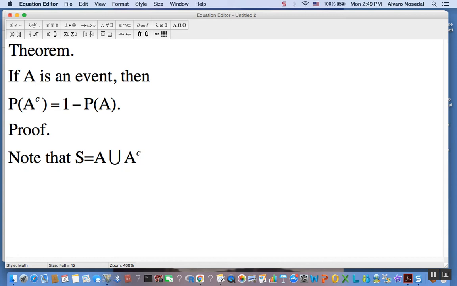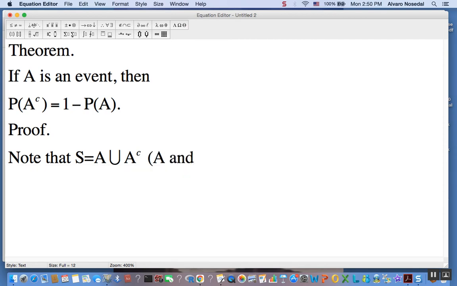Is that clear? Okay. So next, notice that A intersection A complement equals the empty set, which means that A and A complement are mutually exclusive, right?